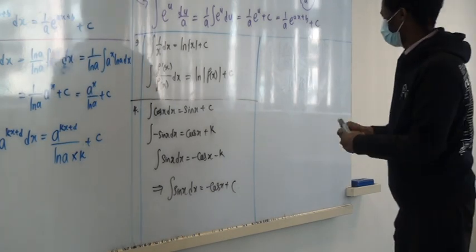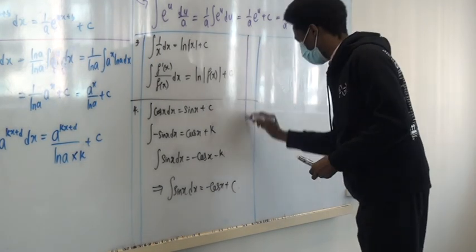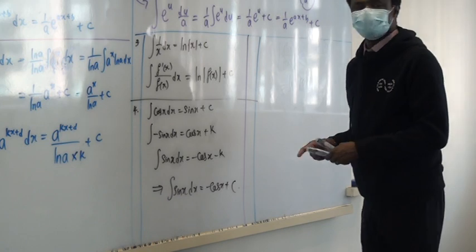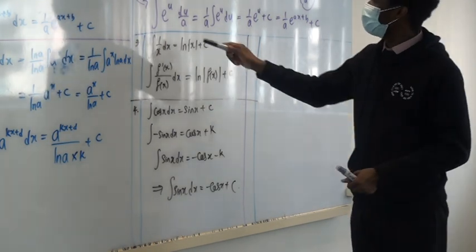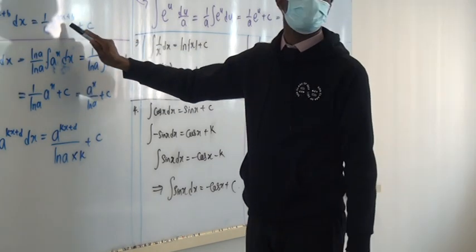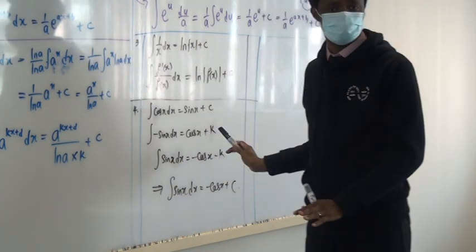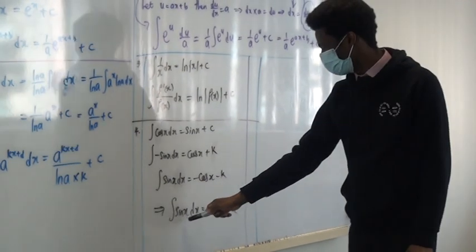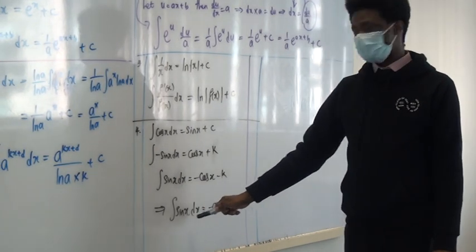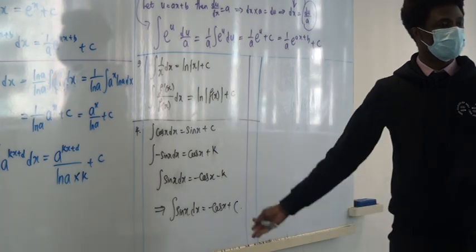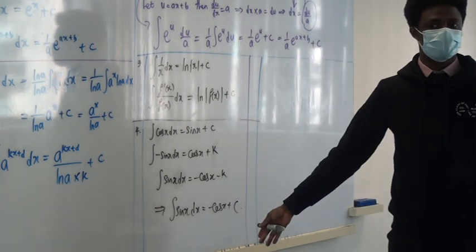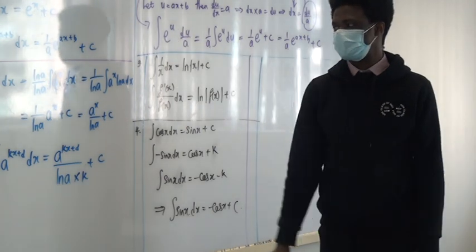Now for tan, because the derivative of tan is sec squared, then the integral of sec squared will be tan. And all this linear function property follows for everything. So if it was to be sine of ax plus b, after you write this result, you divide by a. We don't need to write that, isn't it? Okay, writing it once here is okay.